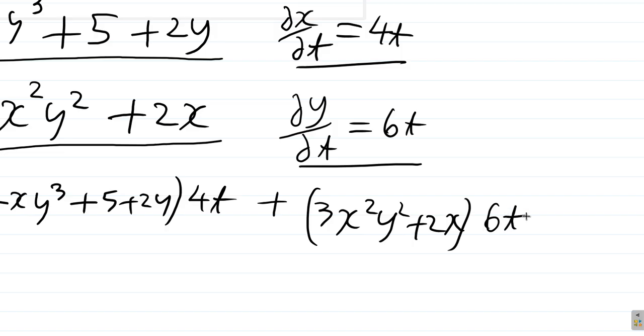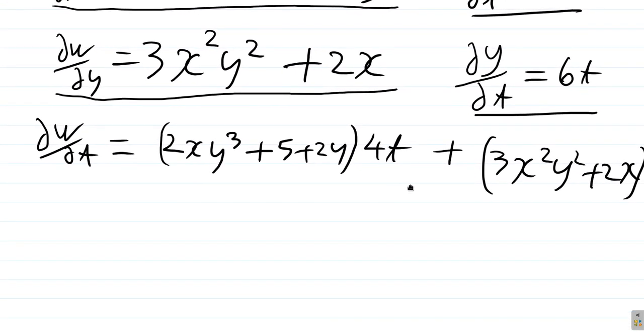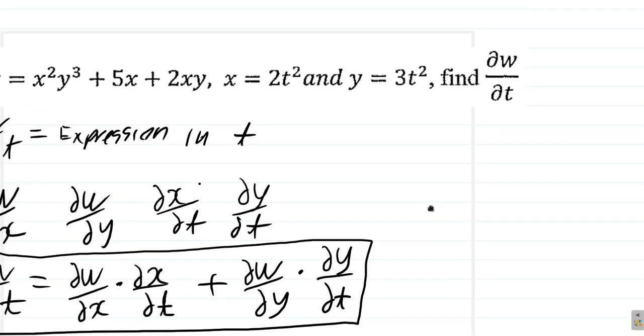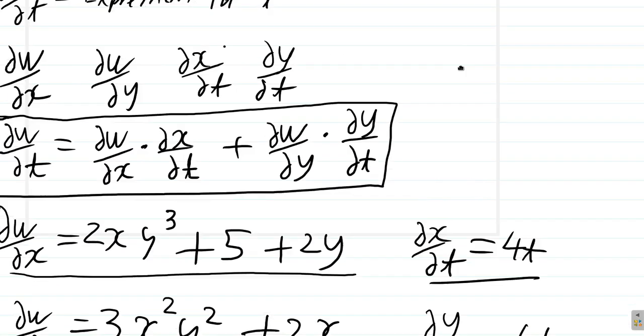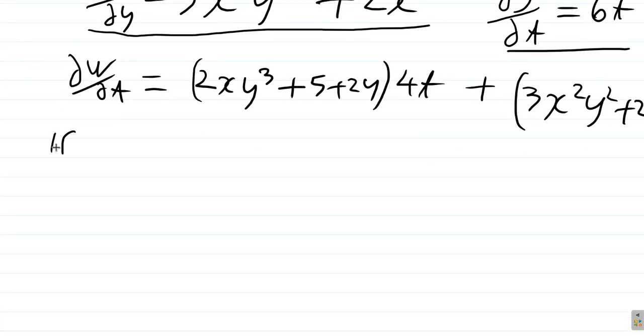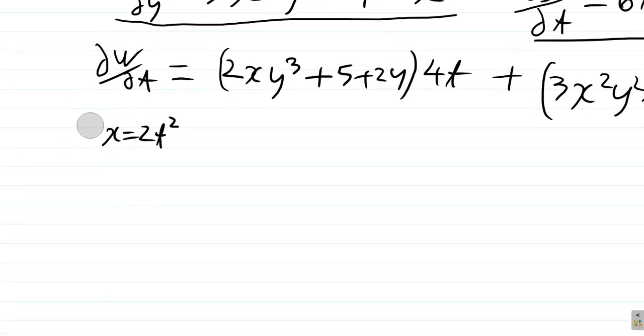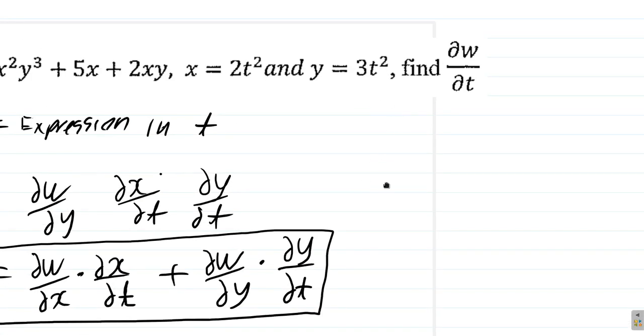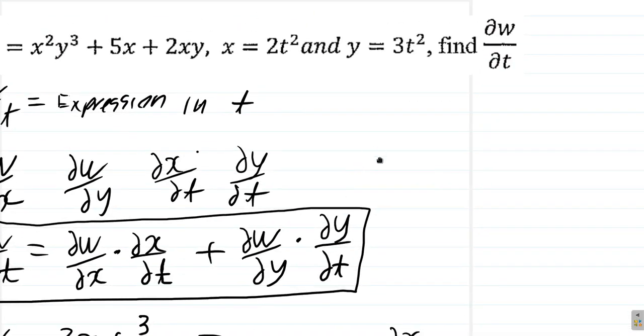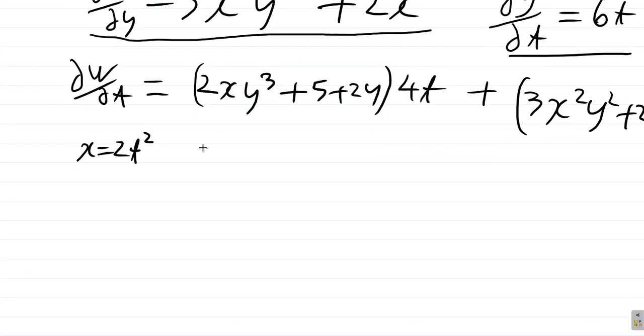Alright, let us see now. Let's try and put everything in terms of t. X is 2t squared. Y is 3t squared.